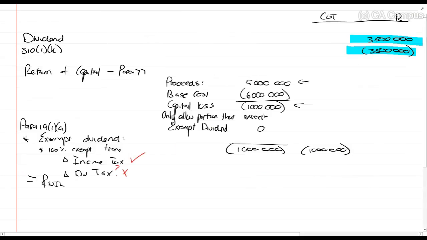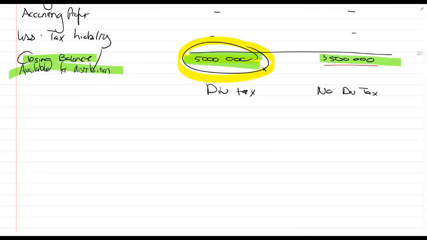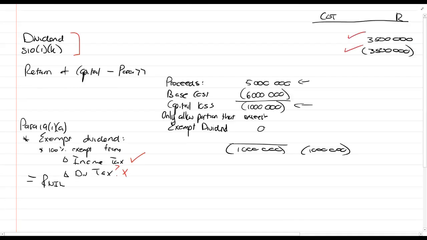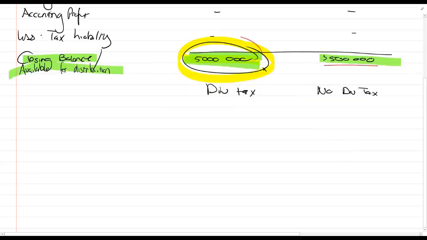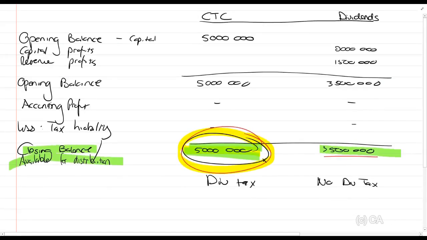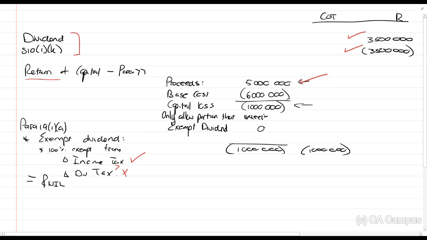Okay, so let's go through the process now. First up will be the dividend received. So it's still 3.5 million rands, fully exempt. Then is the return of capital. The proceeds is the CTC column in our calculation. So it's 5 million rands, so that's still the same. The base cost is still 6 million, which is a million rands loss.